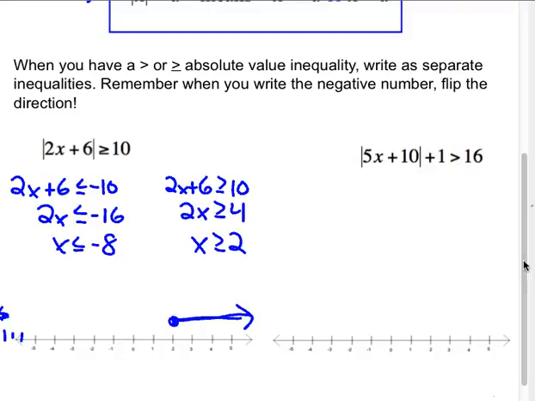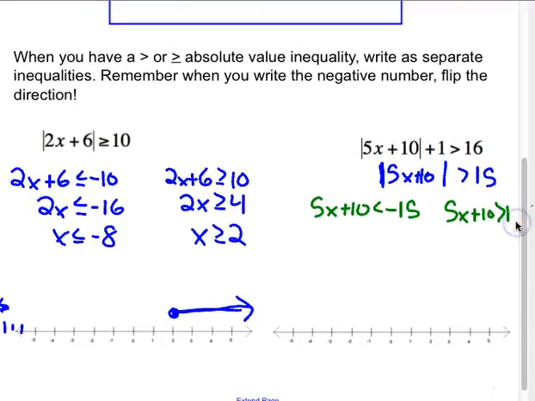All right, and of course, make sure that you always have that idea if you want to isolate the absolute value first. So you would want to subtract that 1 off, and now you do what I just did in the previous one. And here, I'll do it in a different color, where when you write the -1, make sure you flip the sign. +1, write just as it is.